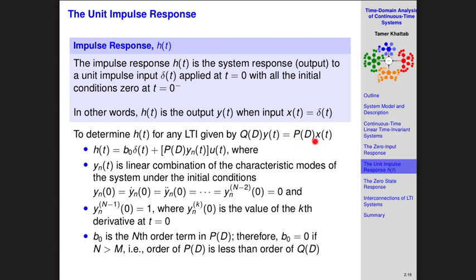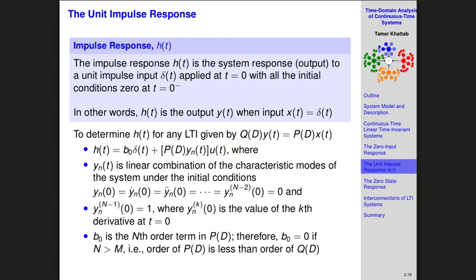P of D is the polynomial in derivatives of the input side of the differential equation representation. So it's this part, the part that affects the input. Always remind yourself that when you are trying to calculate the impulse response, as opposed to the case when we were solving for the characteristic or initial condition solution, where we set this to 0 and only depended on Q of D, now we are looking at the output for a given input, so definitely we need this.